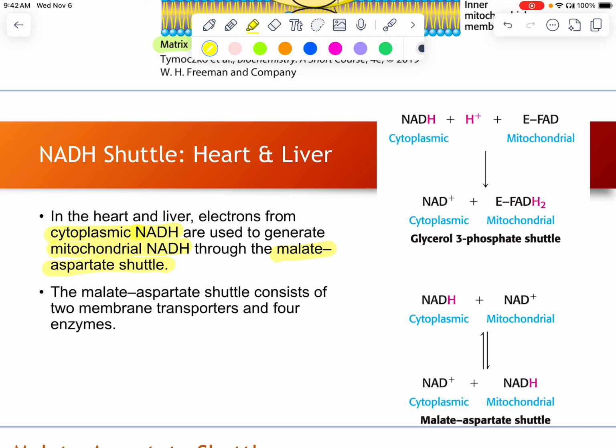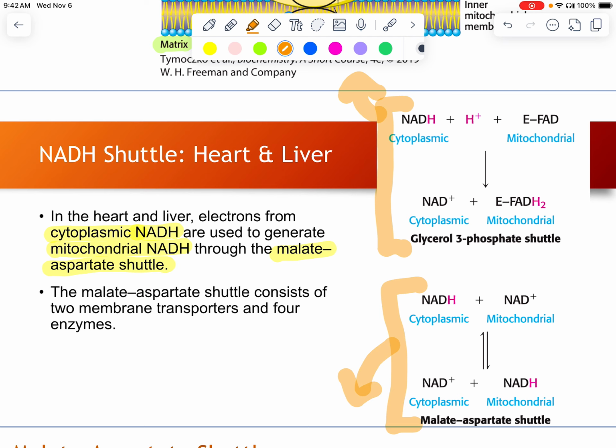So what you're looking at over on the right here was the one we just looked at, the glycerol 3-phosphate shuttle. And here is our malate aspartate shuttle that we're about to look at. Notice that they both at the end work to get those electrons into the mitochondrial matrix.